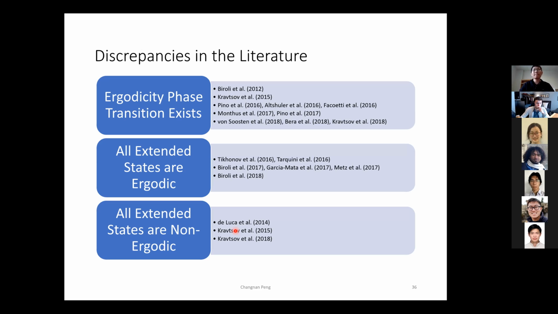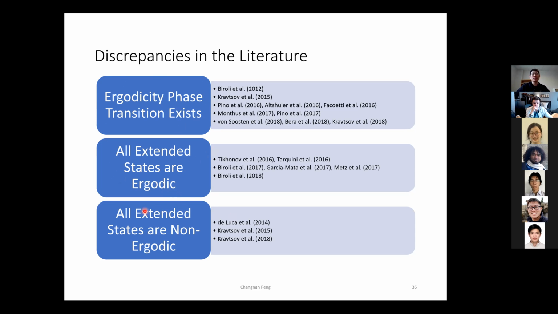People actually don't agree with each other about whether such a non-ergodic extended phase still exists in this simplified model of Anderson localization on the Bethe lattice. Some people think this ergodicity phase transition exists. Some people think all the extended states in this model are ergodic.